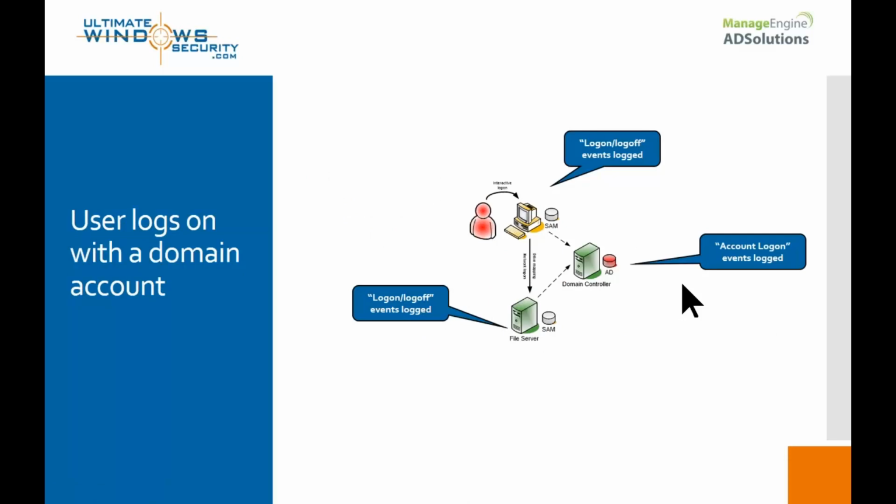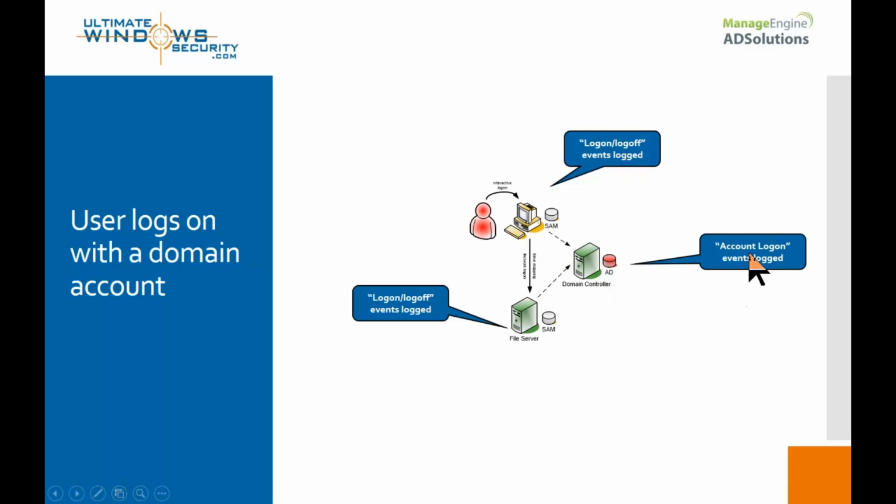Now, let's just go through a couple quick scenarios. This is the normal, legitimate scenario. A user logs on with a domain account. So the user walks up to their workstation, they log on with a domain account. Who does the authentication? The domain controller does. But what types of events are logged? Well, on the workstation, that's where we get the logon event.